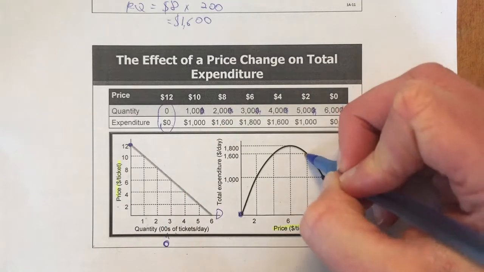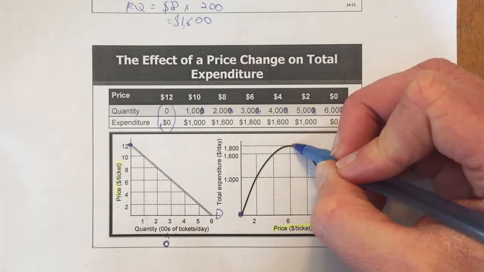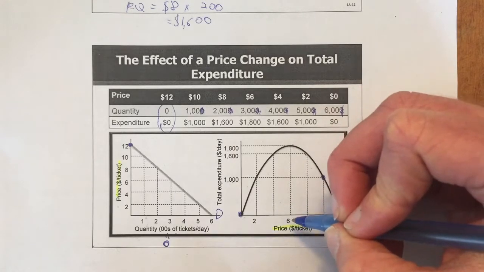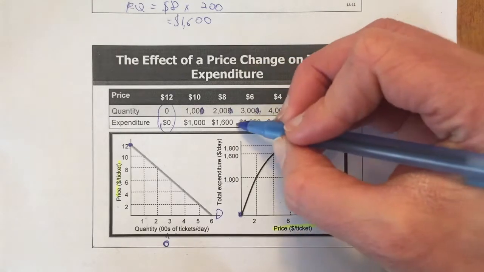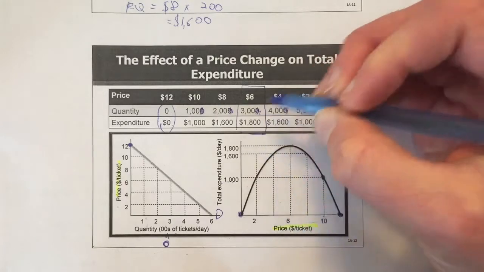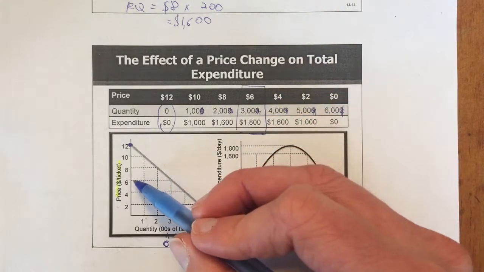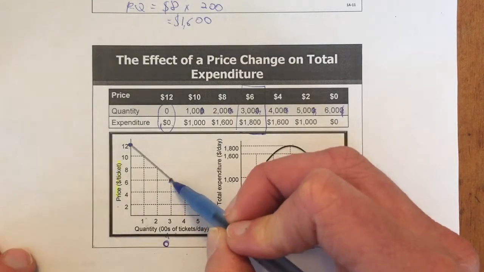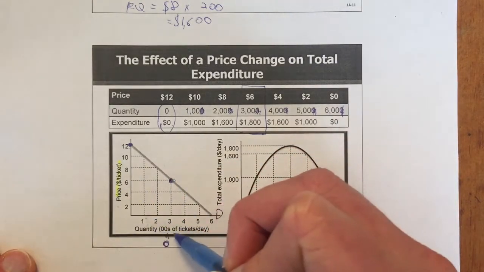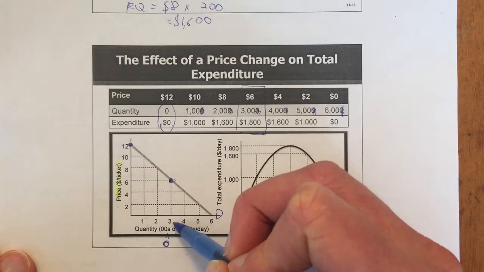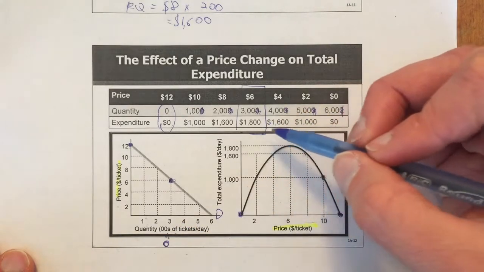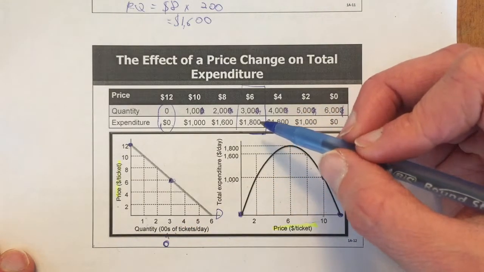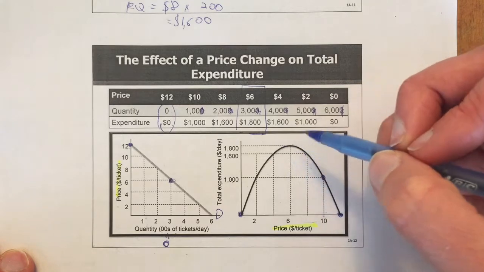And then it looks like we have a maximum point for a price of $6. So here we are at a price of $6. We have a point in the line where quantity demanded is going to be 300, which is the maximum total expenditure of $1,800.